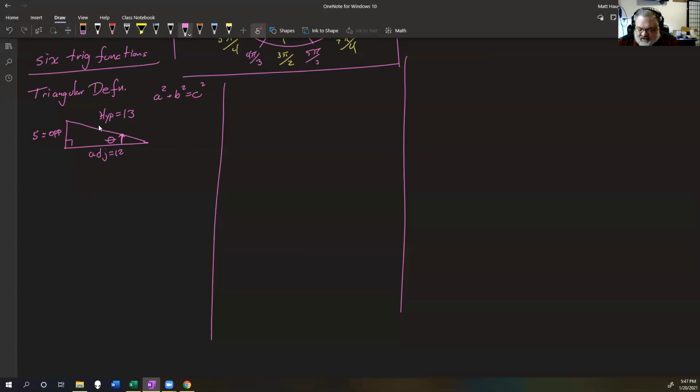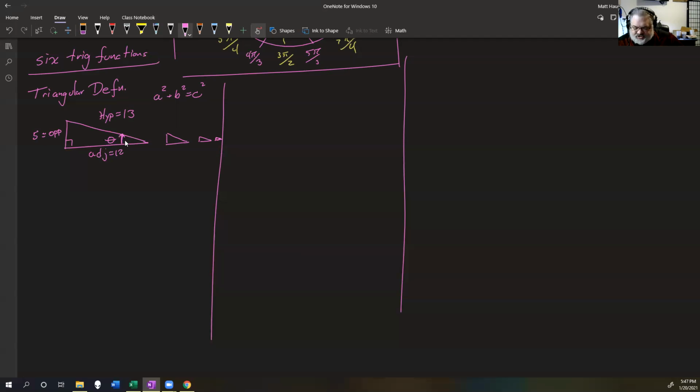The reason we care about that is because everything that's true about this triangle is going to be true regardless of its size, at least in ratio. So if each of these triangles, a little tiny one here, why not, have the same angle in it, the side lengths are all different, but the ratio between those side lengths is always going to be the same. That's that concept of similar triangles.